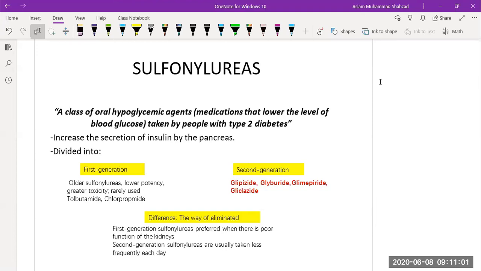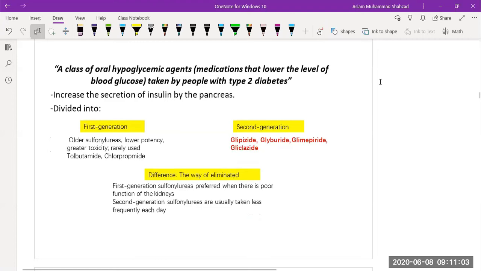There are different names mentioned in the first generation: tolbutamide and chlorpropamide. Second generation, which is the most commonly used, includes glipizide, glyburide, glimepiride, and gliclazide.